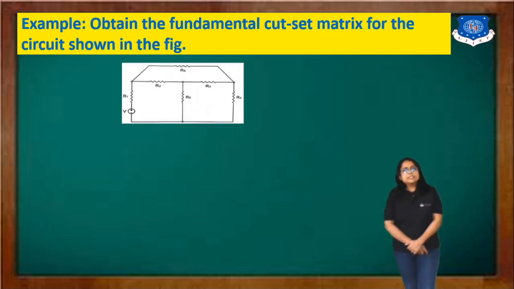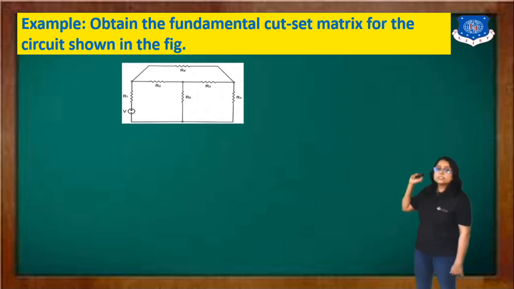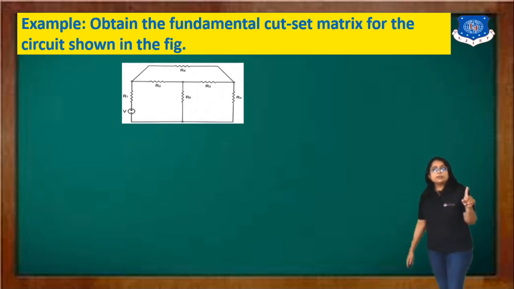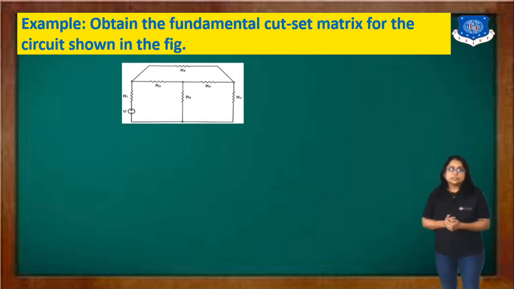Now, we will discuss one example: obtain the fundamental cut-set matrix for the circuit given in the figure. This diagram is given to you. Based on this diagram, what is the first step? The first step is to prepare a graph from the circuit.